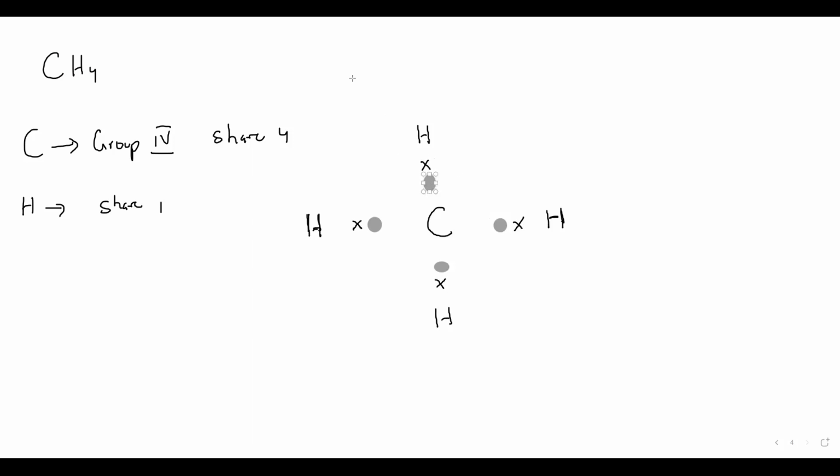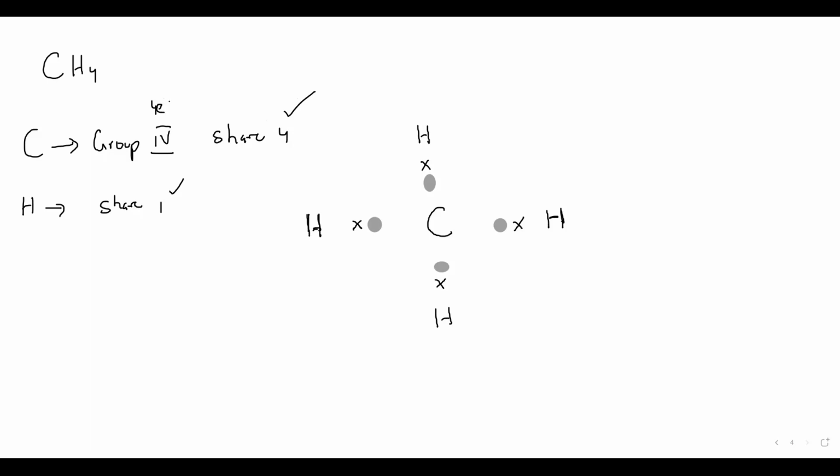So the total number of electrons shared by carbon is 1, 2, 3 and 4. So carbon completed the 4. And the total number of electrons shared by each hydrogen is 1. For carbon, because carbon belongs to group 4, it is having 4 electrons and it is sharing all 4 of them. So there is no unshared electron on the carbon.